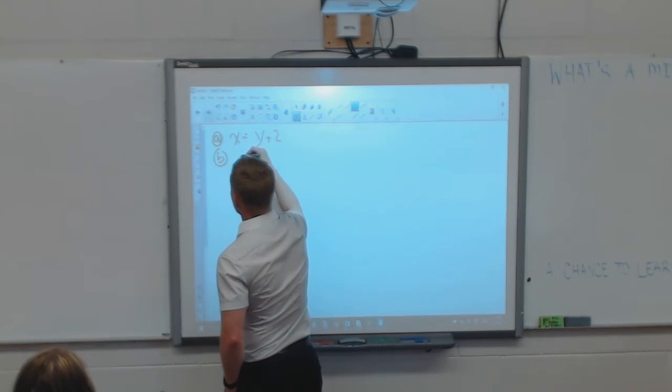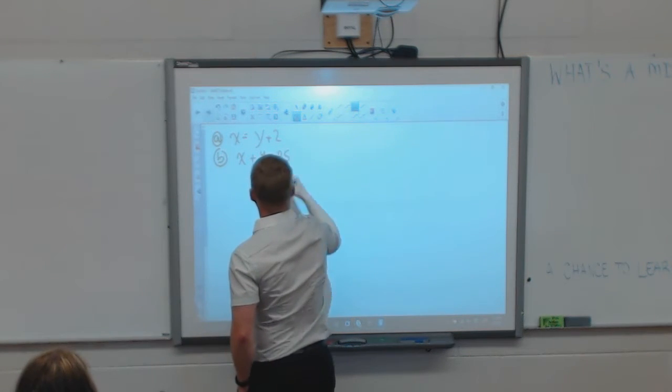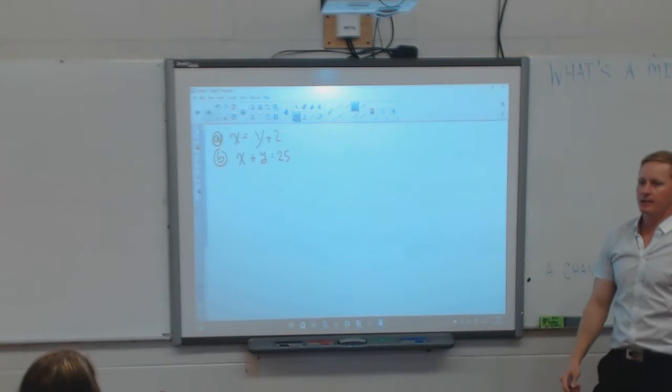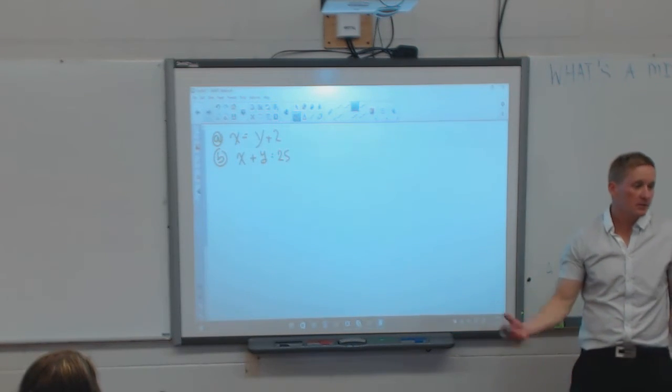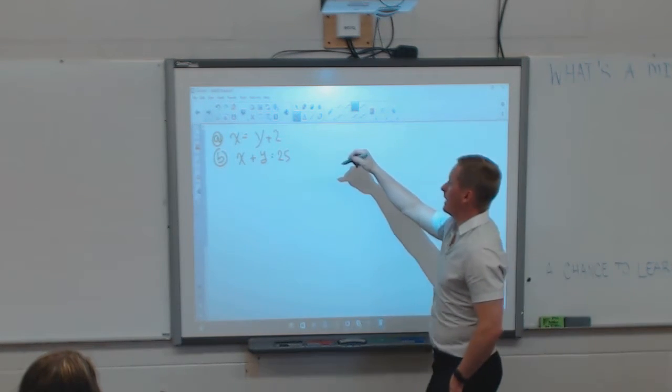B: x plus y equals 25. Okay? So which one's easiest to isolate? X for A, because it's already isolated. Exactly. So I know what x is equal to in A.